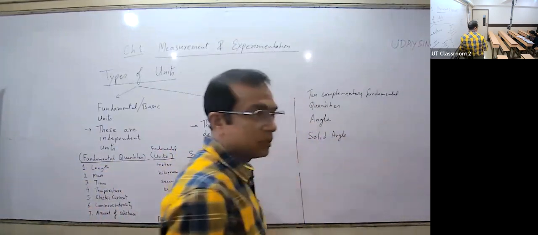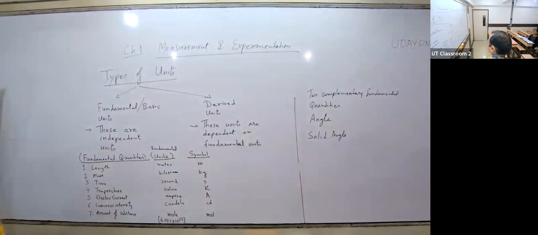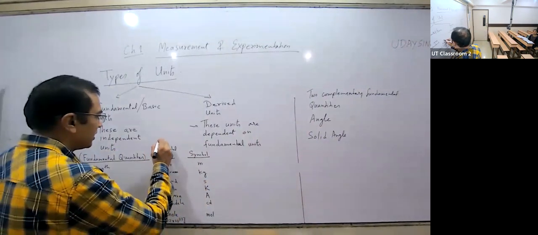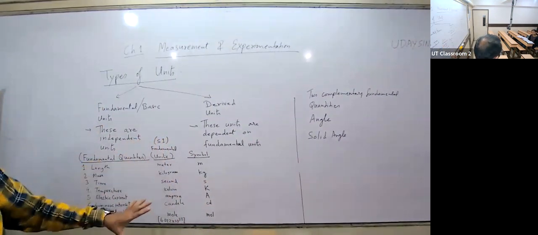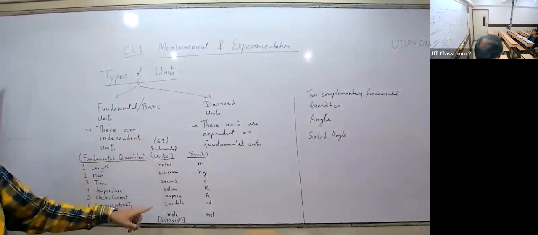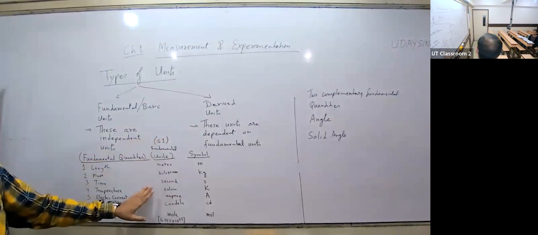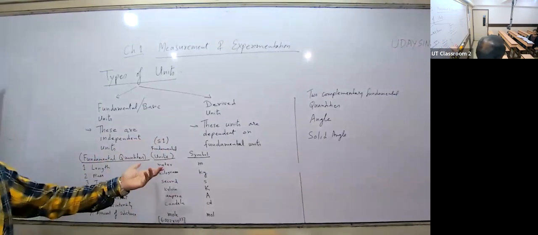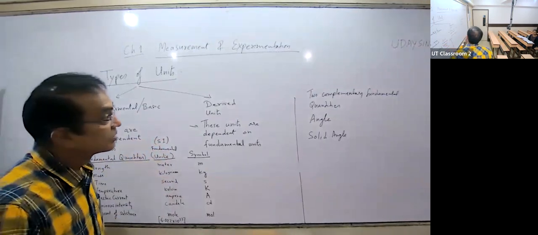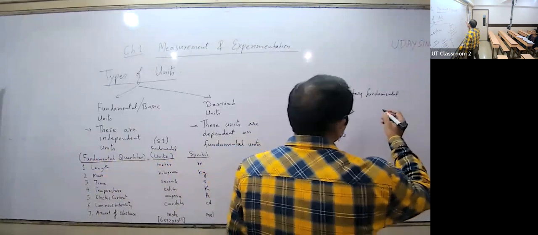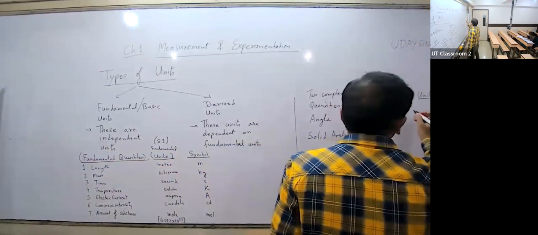So how is angle measured? Any idea? Degree, right? But what we are dealing with is SI units. I'll explain when I cover the different systems of units. Everything that you're going to learn is in SI units, which stands for Système Internationale. That's the acronym for it. It's a French term. So what is the unit of it? Radian.